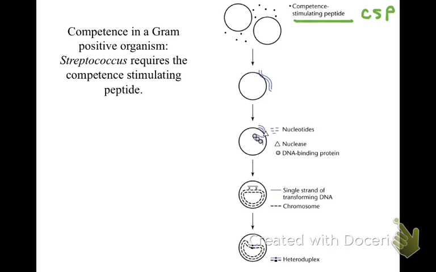So the regulation is to monitor cell density. They wait until they're at a high cell density, and that means that a lot of cells are producing this CSP, so it's building up in the environment. And when it builds up, this CSP can bind to a protein, one of the COM proteins.